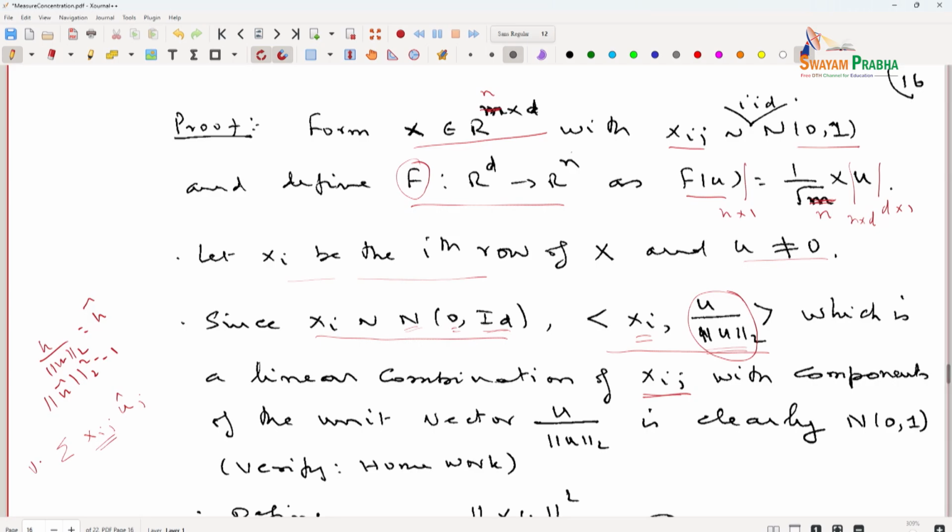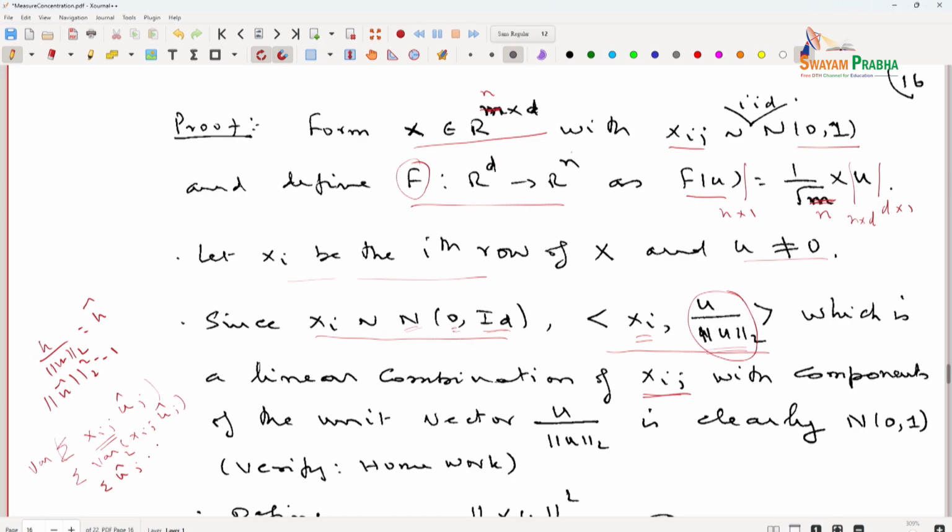Therefore, the variance of this is equal to the sum of the variances of Xij times U bar j. Now if you multiply a random variable by a constant, the variance gets multiplied by the square of that. So this is equal to the summation of U bar j squared times the variance of Xij.